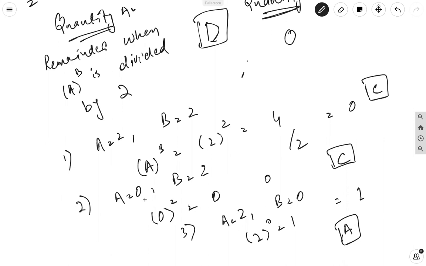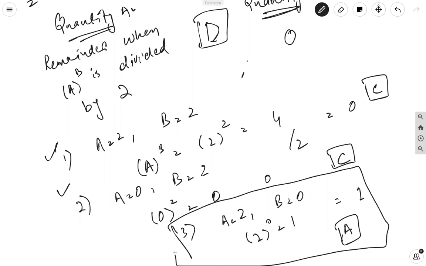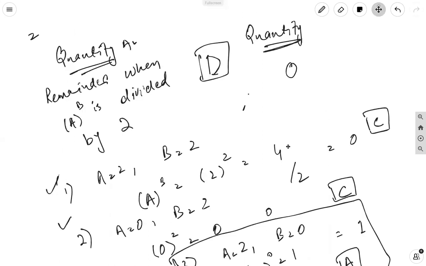You usually consider these two cases, miss this case, and end up with either A, B, or C. But the answer in this case is D, right? That means a non-negative even integer includes 0. 0 is always an even integer.